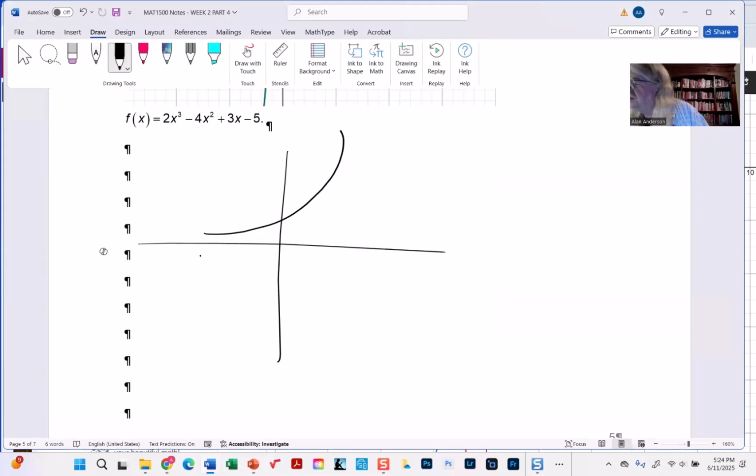And I'm interested in finding the tangent, let's say here. So I could start with the secant line.